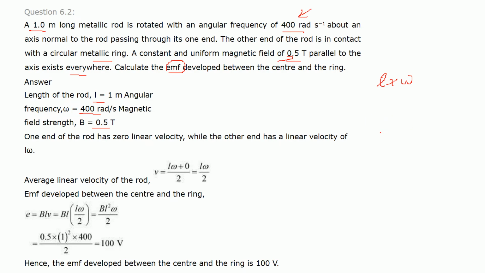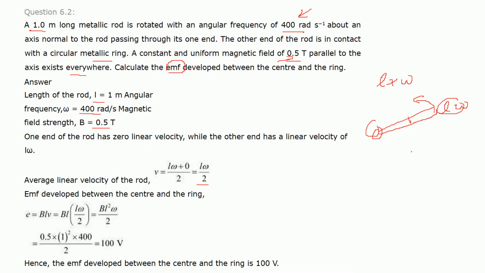Because this is a rod, this end is fixed and this end is moving. So what will be the average linear velocity? It will be 0 at one point and L omega, that is R omega, at the other; for R we have taken the length, L omega. So (L omega plus 0) by 2, that is L omega by 2, will be the average linear velocity. Now what will be the EMF developed?